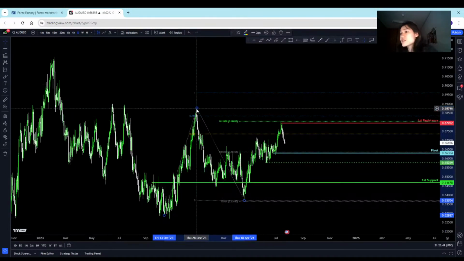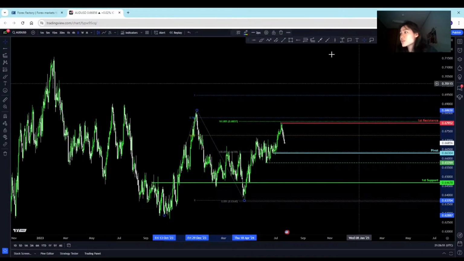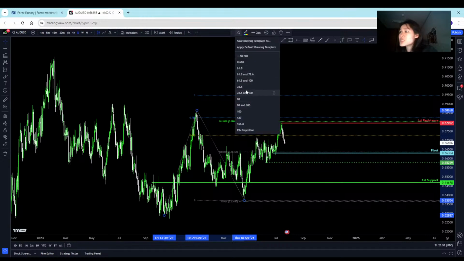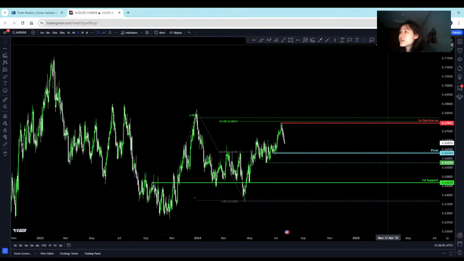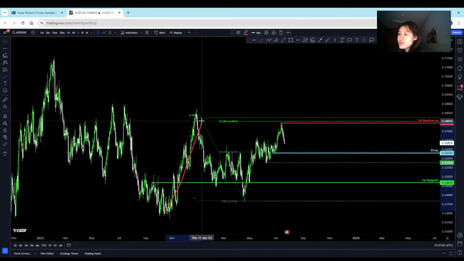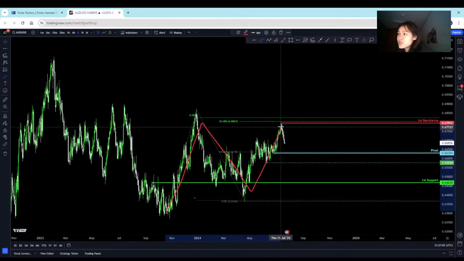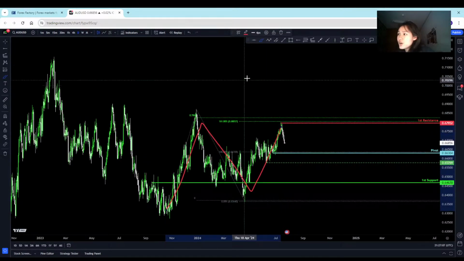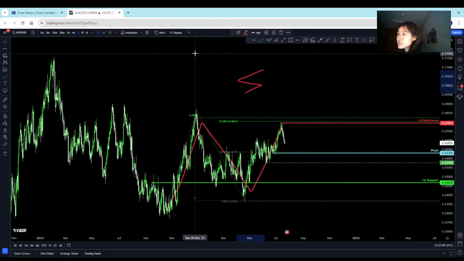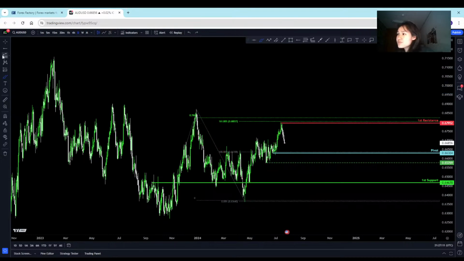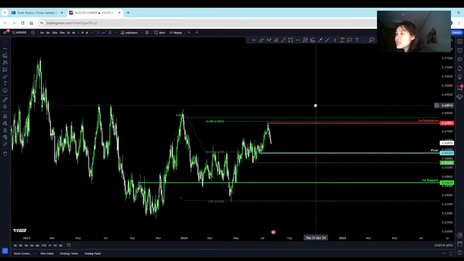You can see my 78.6 also lines up nicely with my first resistance. Again, for this one, we are using the trend-based fib extension tool, and the shape that we're looking at is basically like a lightning bolt shape, or like a flash symbol, whatever you want to call it.